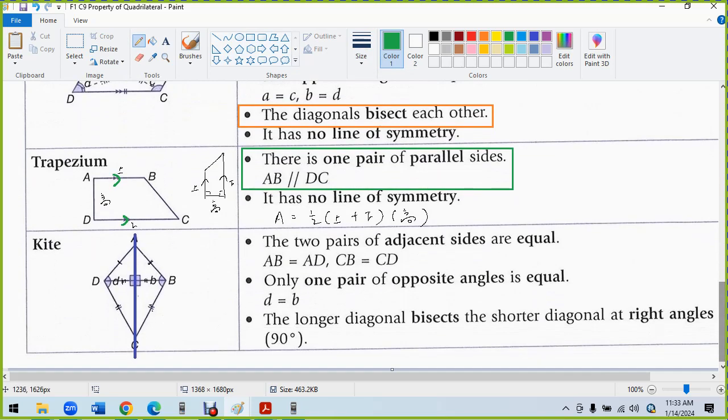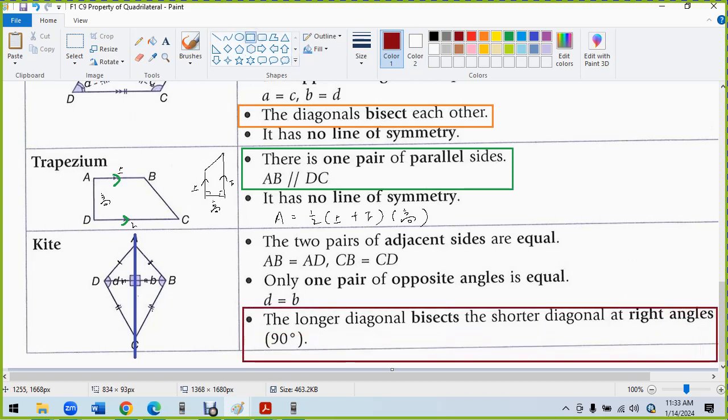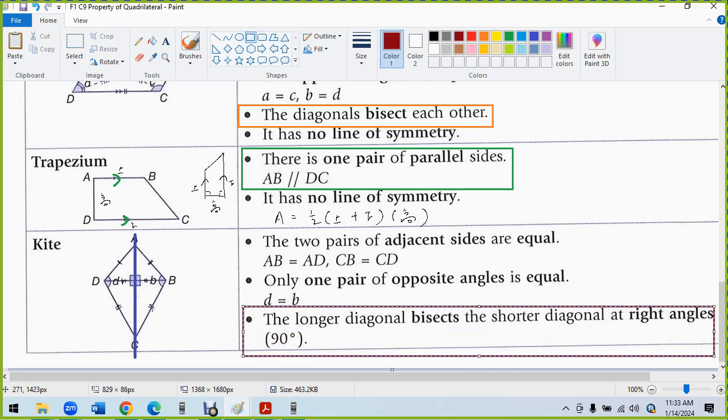And for the kite, okay, they have the longer diagonal bisect the shorter diagonal at right angle. So this one, the longer diagonal bisect the shorter at right angle. So we have a 90 degree here. Okay, this diagonal will bisect this.